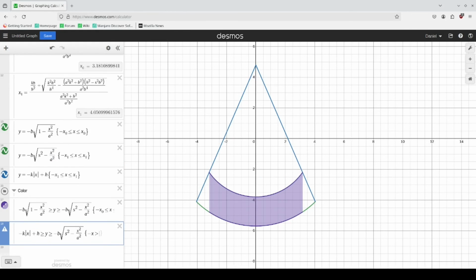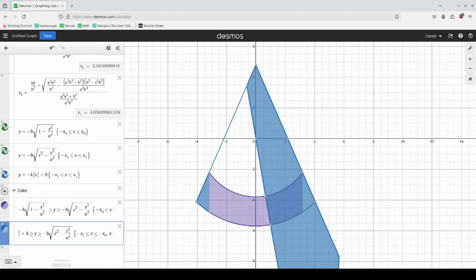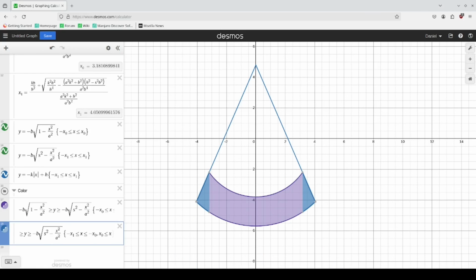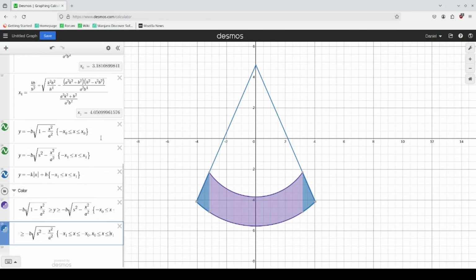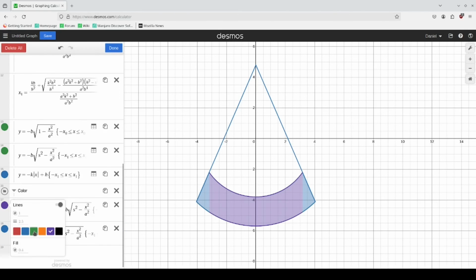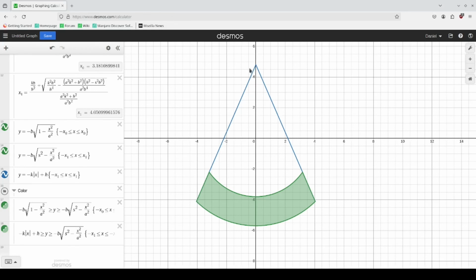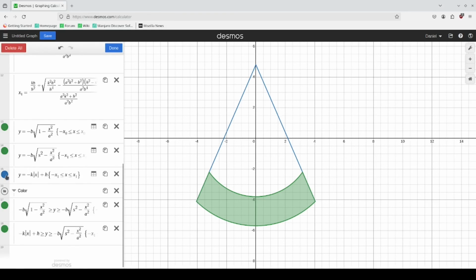And this is going to go from x1 up to x0. And then we go from x0 up to the x1. And for this red piece here, in fact, let's make this red.